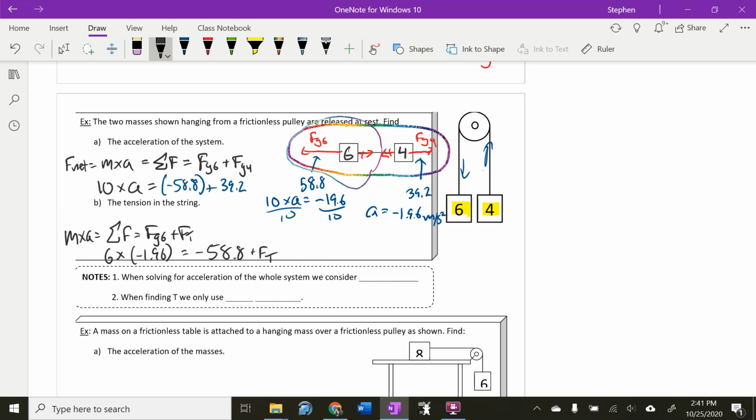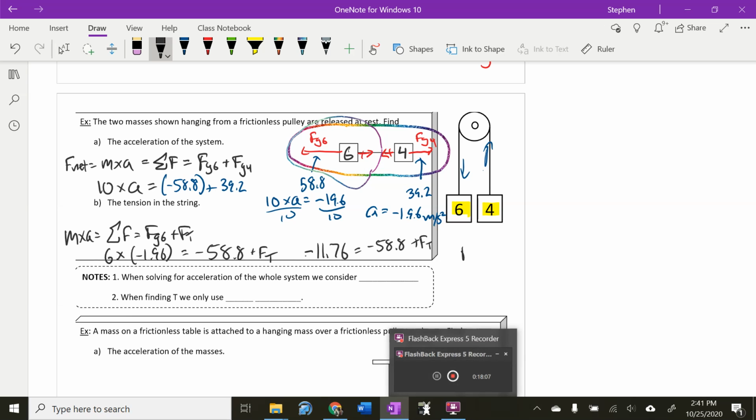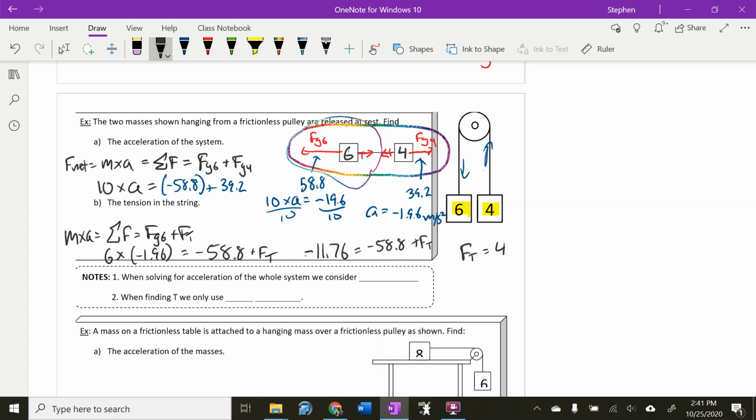So what do we get when we multiply 6 times negative 1.96? That's going to give us negative 11.76. So negative 11.76 equals negative 58.8 plus Ft. I'm going to add 58.8 to both sides, and I have Ft equals 47.04 newtons.